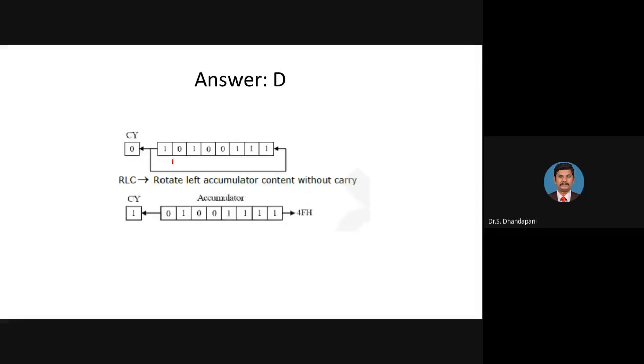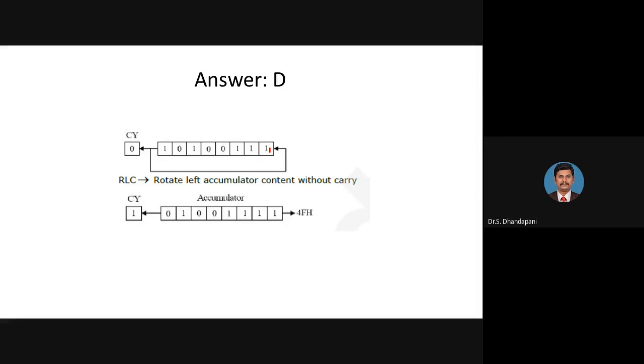So A7 in binary. Mainly for the microprocessor subject, knowledge of the number system is a must. A is represented as 1010, 7 is represented as 0111. Now we are rotating this value in left direction without passing through carry.